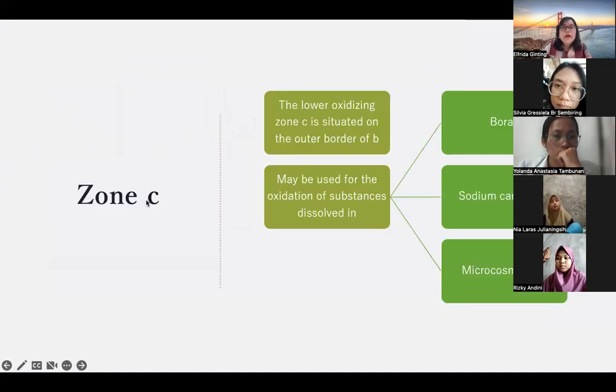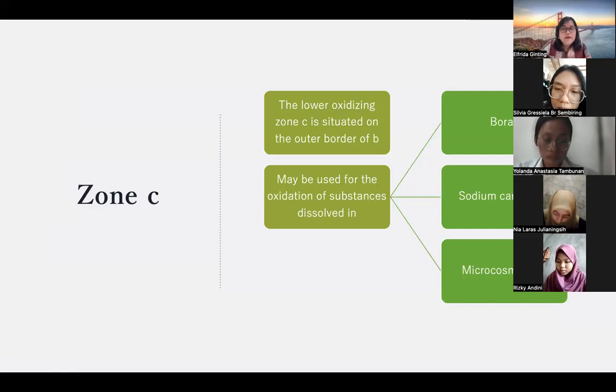Now, zone C, this is what we call the lower oxidizing zone. Usually we test borax, sodium carbonate, and microcosmic salt.